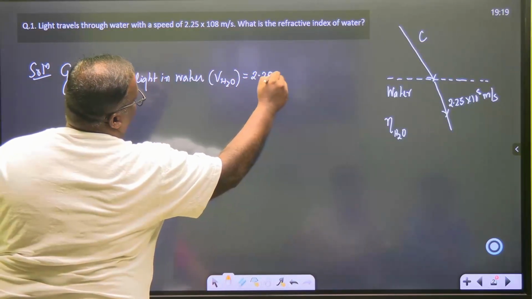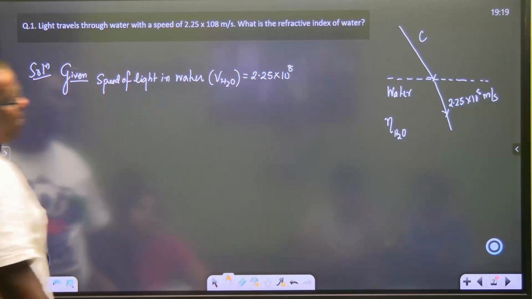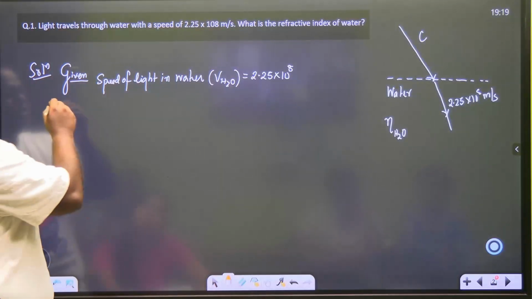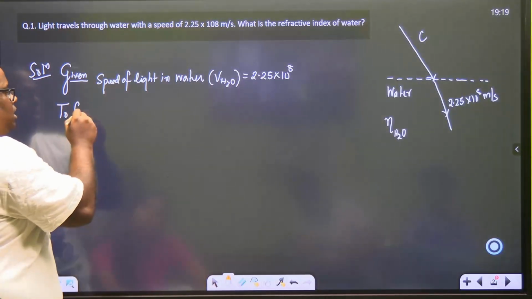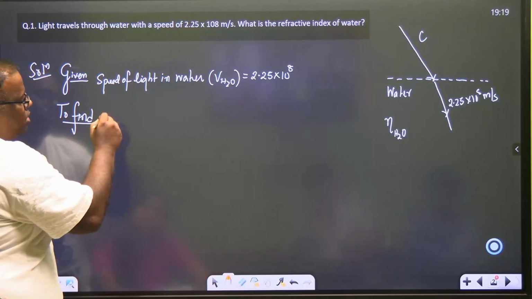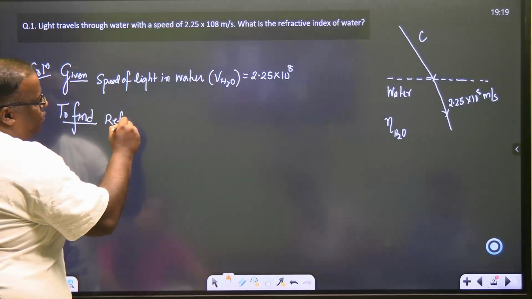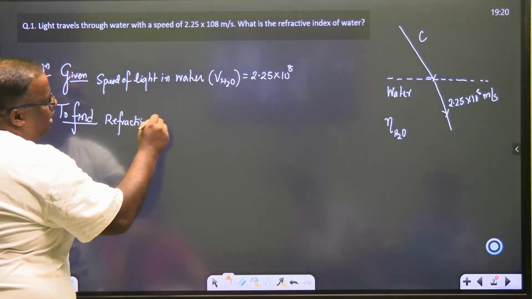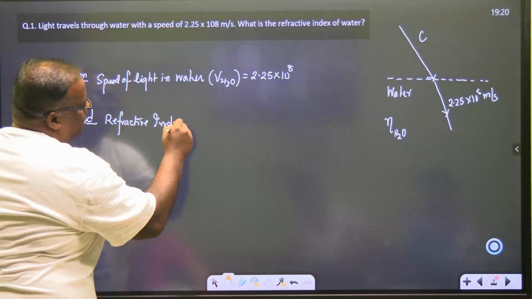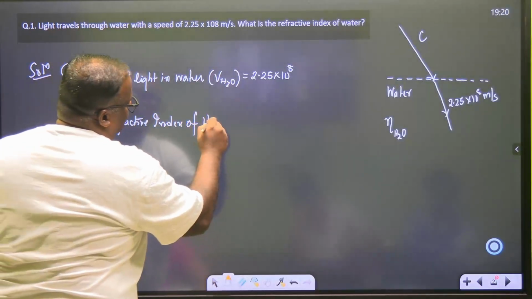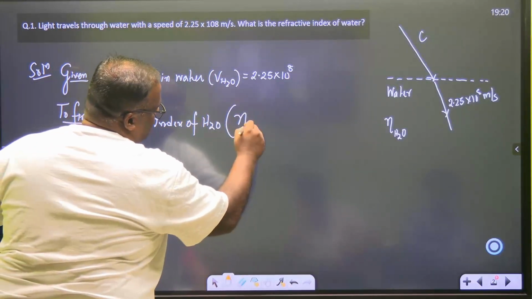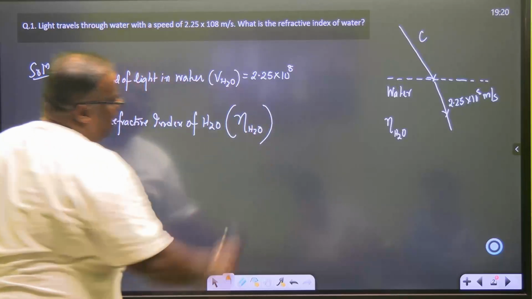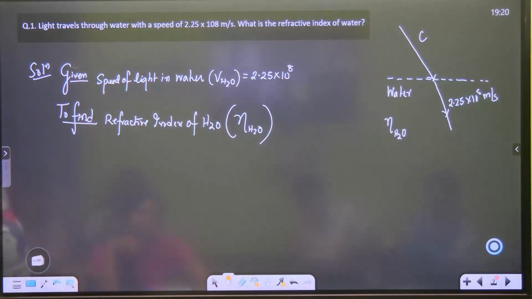2.25 10 to the power 8. Right? Now they're asking me to find, what did they ask me to find out? What is the refractive index of H2O? Now I'm calling this as eta H2O, because they are asking me absolute.